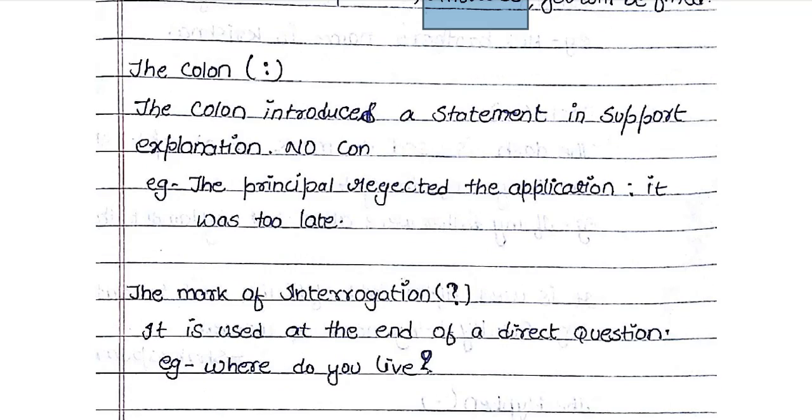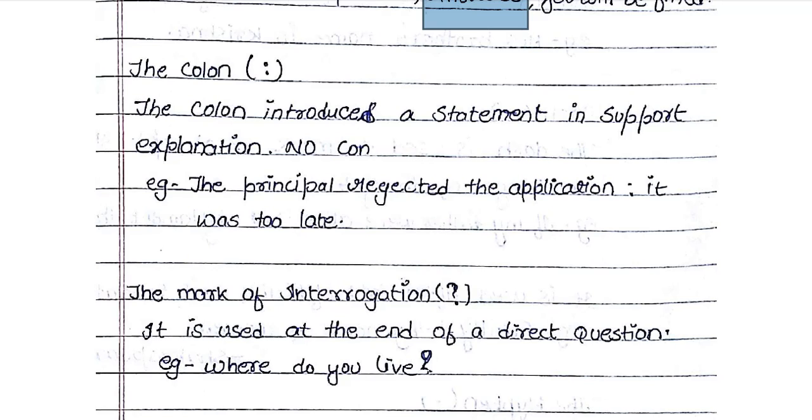Next one is the colon. The colon introduces a statement in support of explanation. Okay. So if you want to explain something, if you write something and then afterwards you want to explain it, then colon is used.